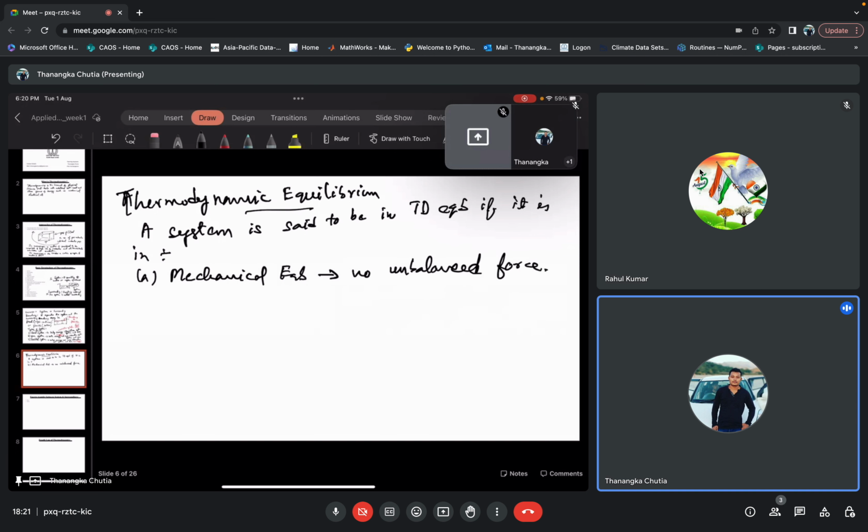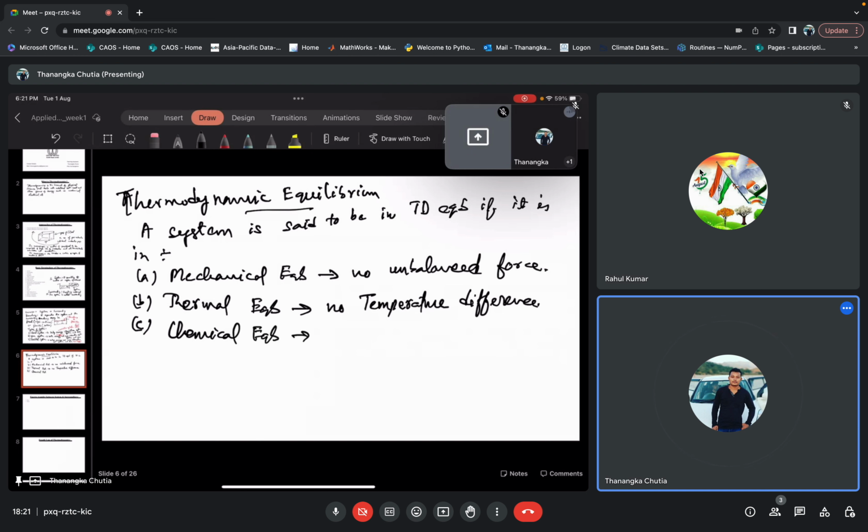Secondly, thermal equilibrium, no temperature difference or gradient. And number three, chemical equilibrium, no chemical reaction.